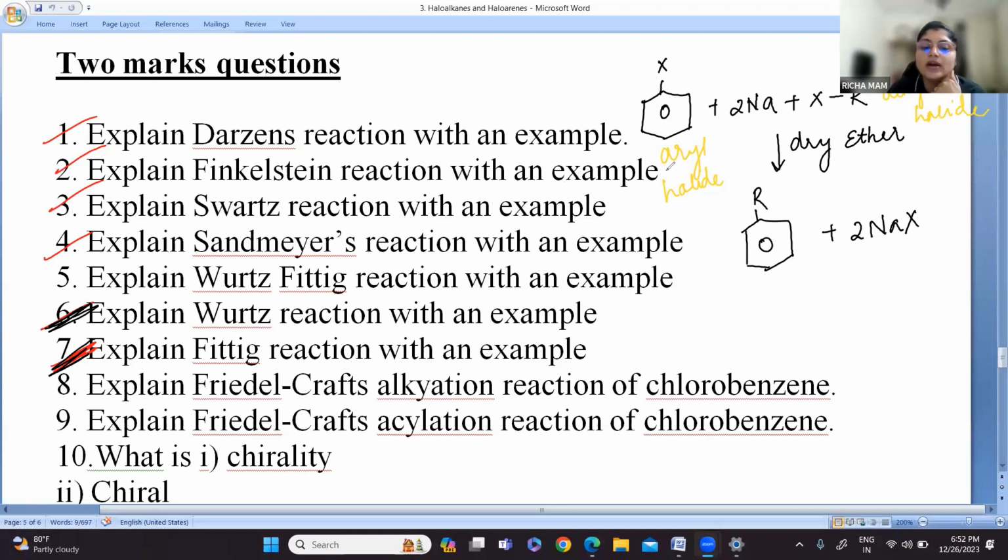Read the statement. When a mixture of alkyl halide and aryl halide is heated with sodium metal in dry ether medium, then alkylarene is formed.